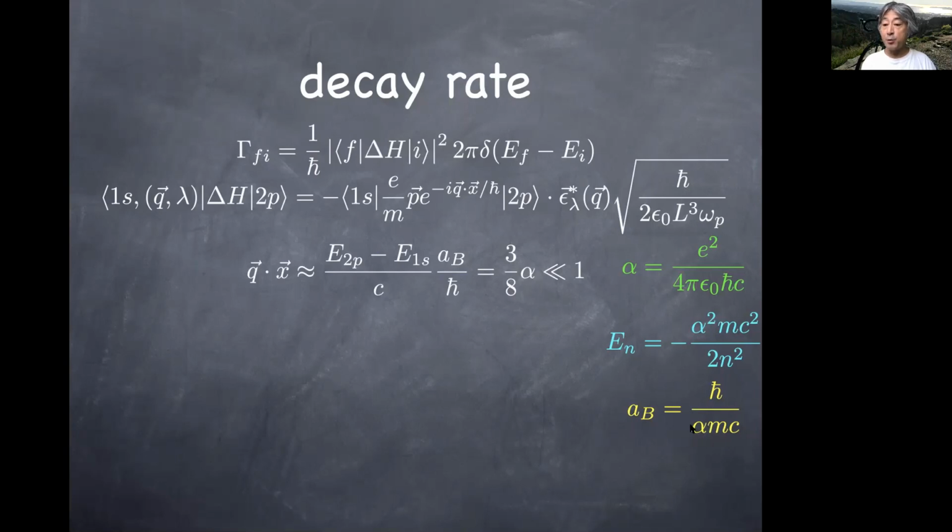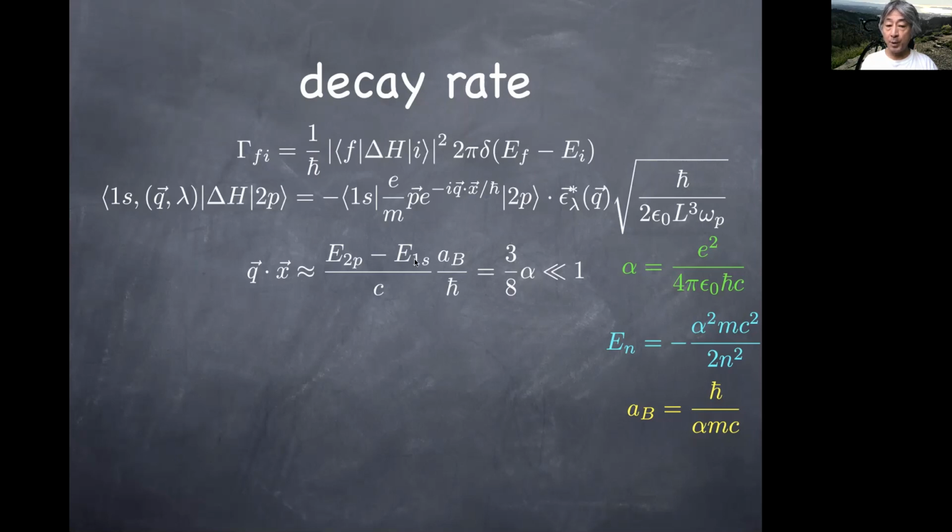So this is just another way of writing the energy levels of the hydrogen atom and the Bohr radius using the mass and alpha. And knowing these expressions, I can estimate what this q dot x is. q is the momentum of the photon, which is the energy over the speed of light. And the energy of the photon corresponds to the energy difference between 2p and 1s energy levels, because the delta function in Fermi's golden rule would enforce energy conservation.